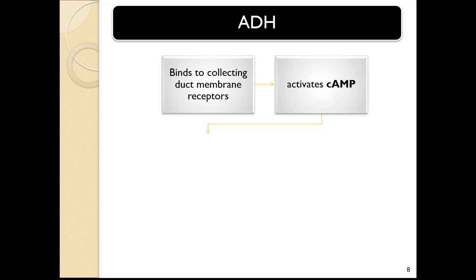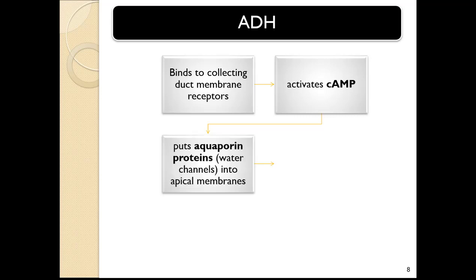We've talked about cyclic AMP before. And this in turn winds up putting some proteins called aquaporins, which are water channels, into what's called the apical membrane, so the top membrane of the cells of the collecting duct.